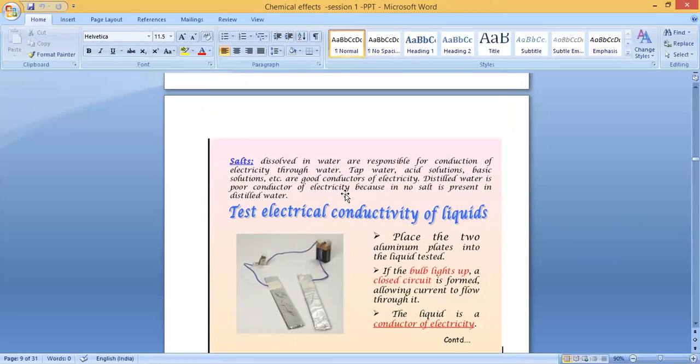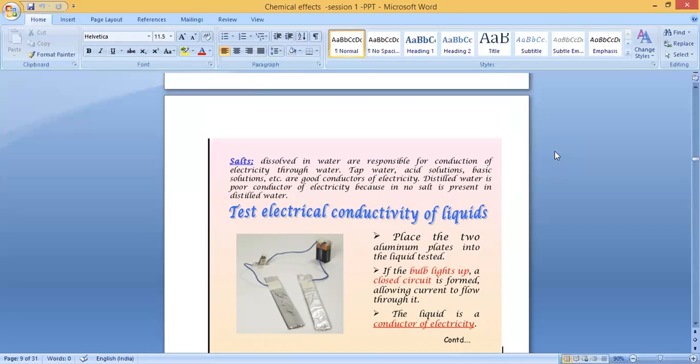Salts dissolved in water are responsible for conduction of electricity through water. So why can the current or electricity pass through water? Because of the salt. Examples: tap water, acid solutions, basic solutions, etc. are good conductors of electricity.